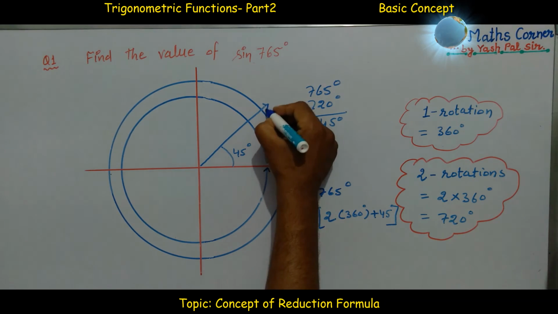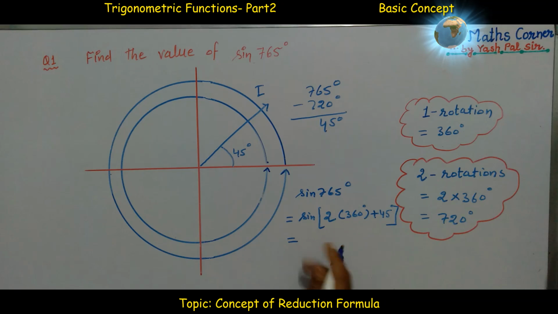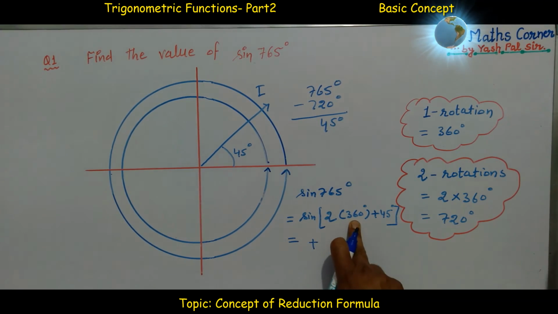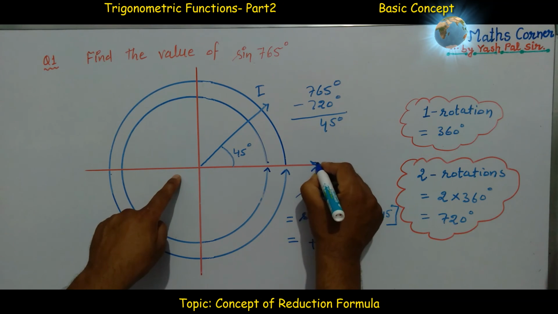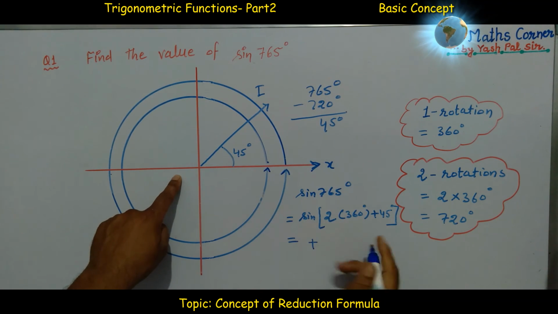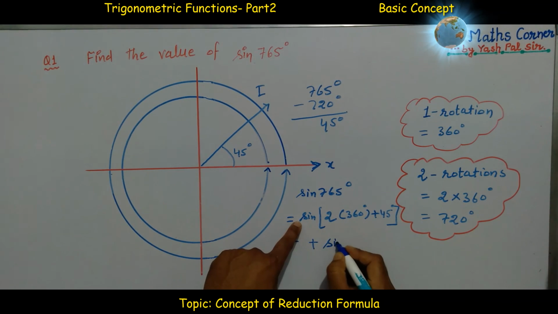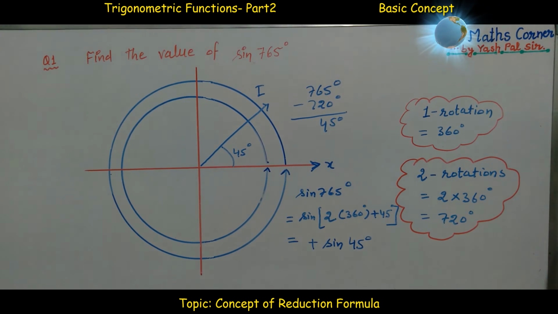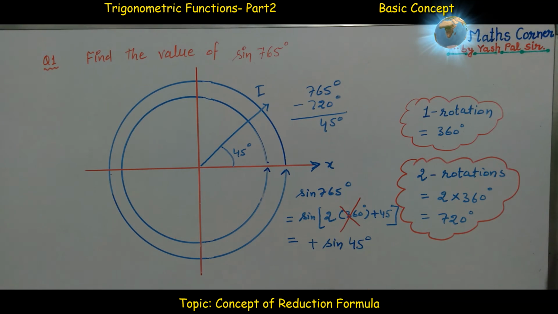This is the first quadrant, and in the first quadrant sine is positive. With 360 degree, we are taking the reference of the x-axis, so the T ratio will not change. Sine will remain sine. Only 45 degree will be written now. So what is the value of sine 45 degree? This is 1 upon square root 2.